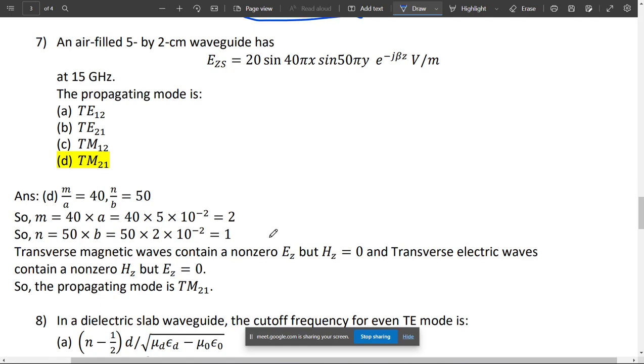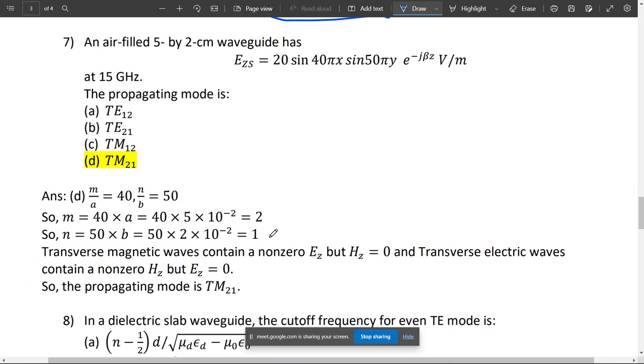What is happening here is we need to see the propagating mode. Here m by a is given to us, and n by b. It is 20 sine 40 pi x and sine 50 pi y.